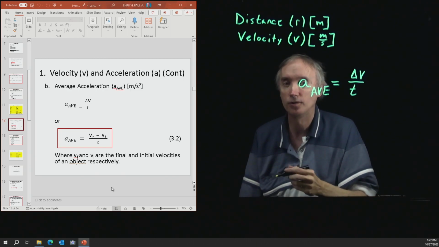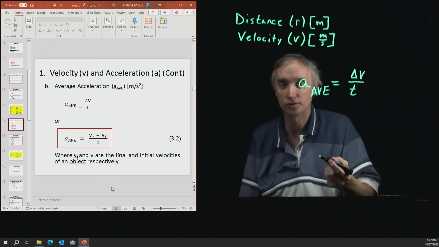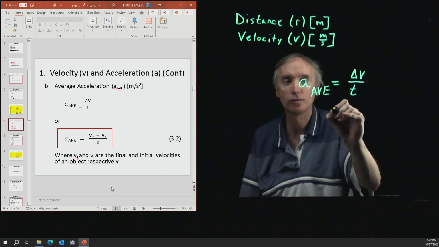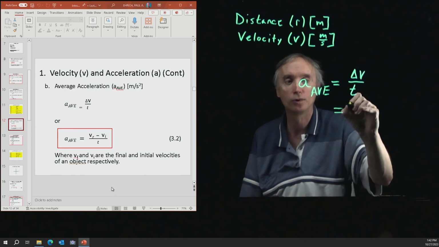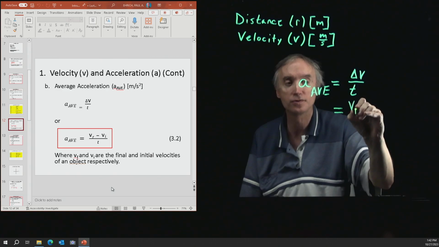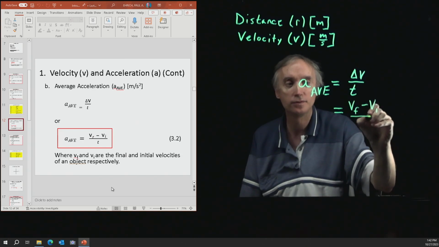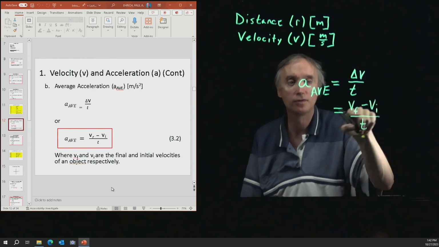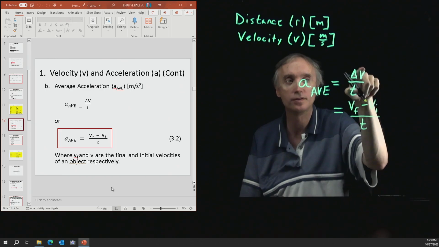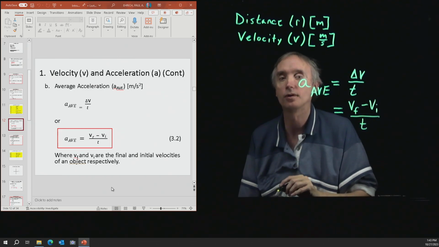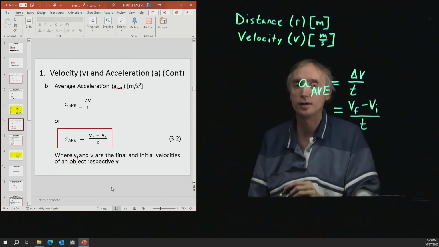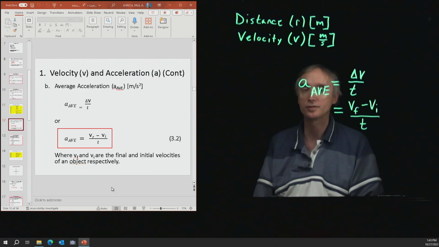So the triangle means your change in your speed. So another way of writing this would be, we're going to take our final speed minus our initial speed and then divided by T. So this way of writing it is exactly the same as this way up here. So what an acceleration is going to do is change your speed.